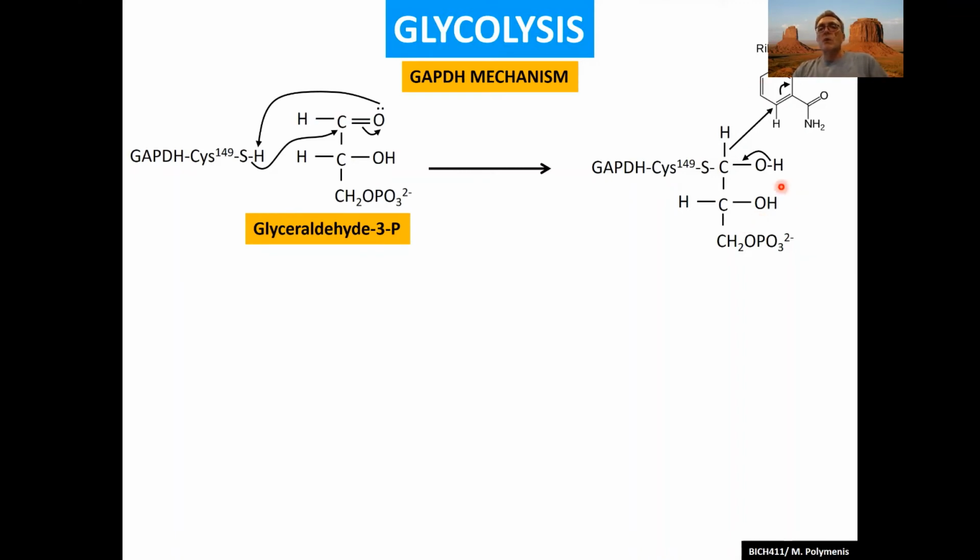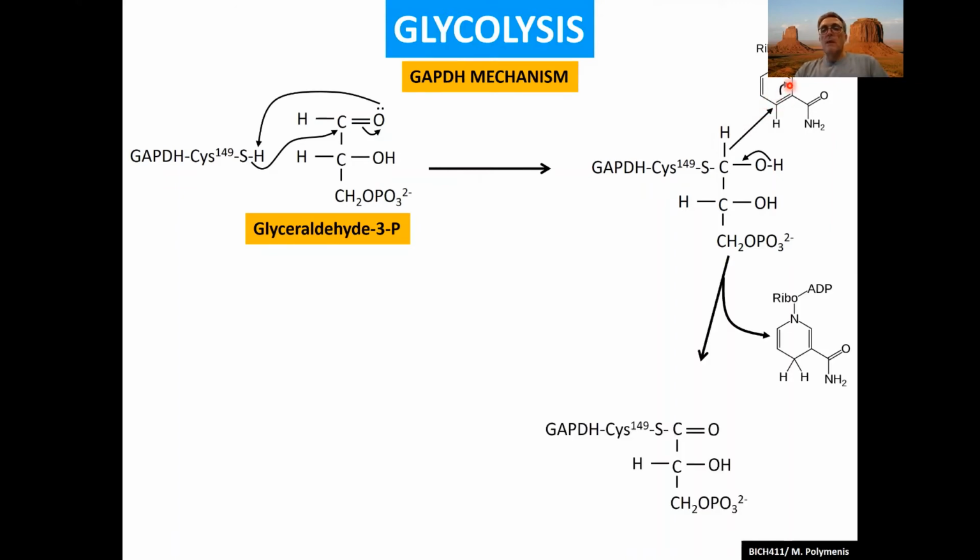So now this bond will break, the carbon-hydrogen bond, and the proton and the two electrons as a hydride will do exactly what we described in the previous slide. They will be picked up by NAD+, and you generate NADH. And now, if you notice our carbon, because the carbonyl carbon was reformed here, the oxidation state of this carbon has changed.